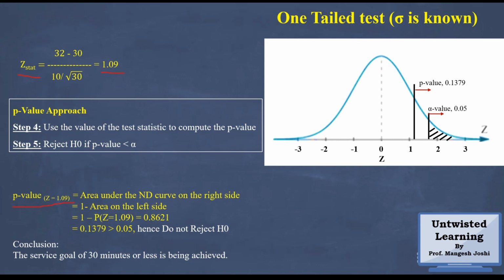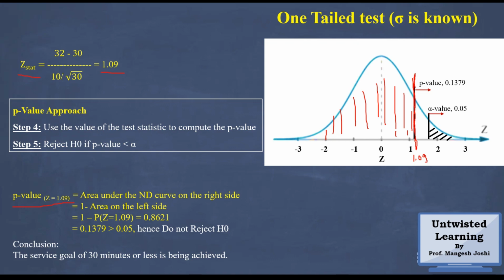Now Z is 1.09, the value of Z here is 1.09. If you see the Z distribution table, it will give you the area under the left. But in this case, you require the area on the right hand side, right?